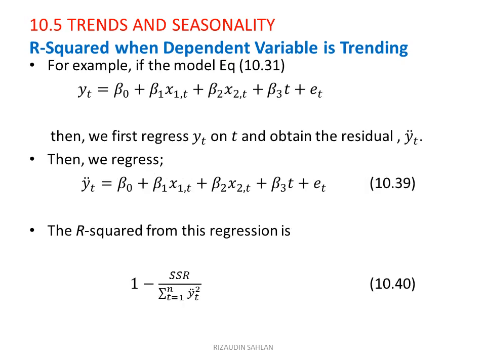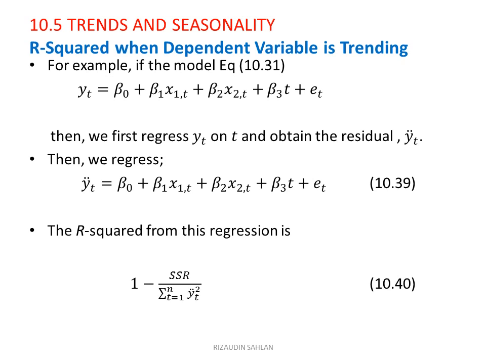For example, let's use again the model equation 10.31 and then we regress Y_t on T, and after we regress we obtain the residual, and this residual is named Y hat double dot.